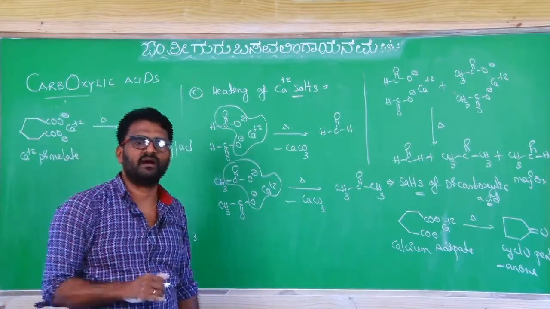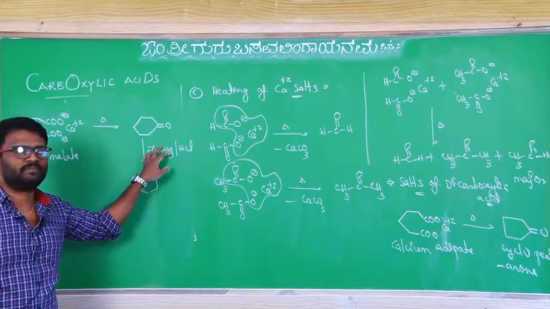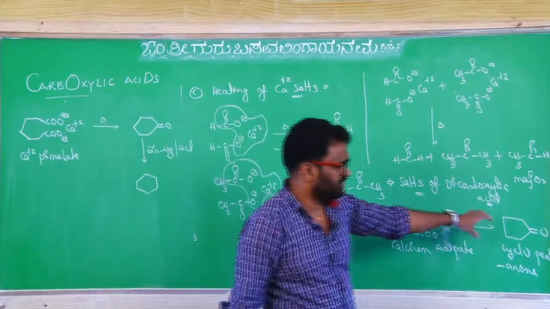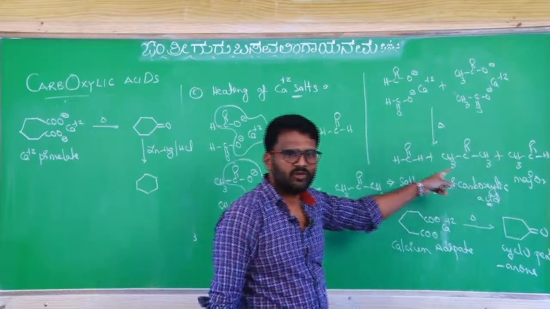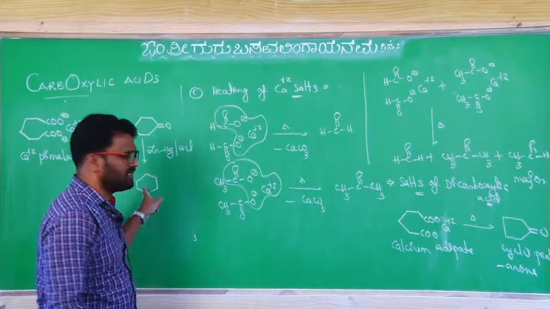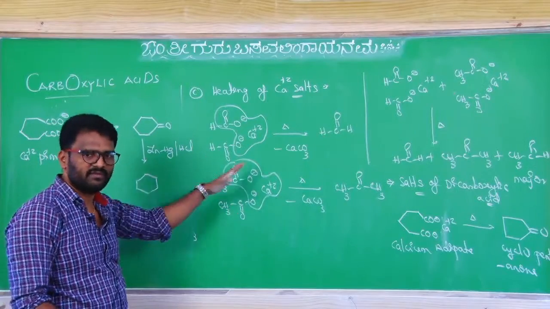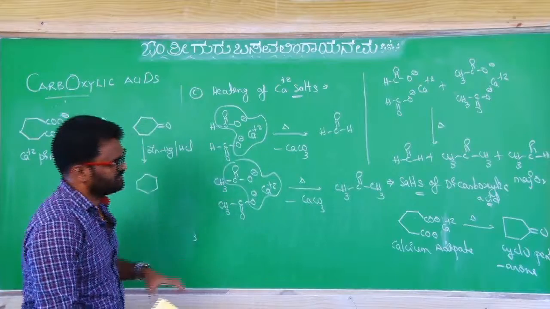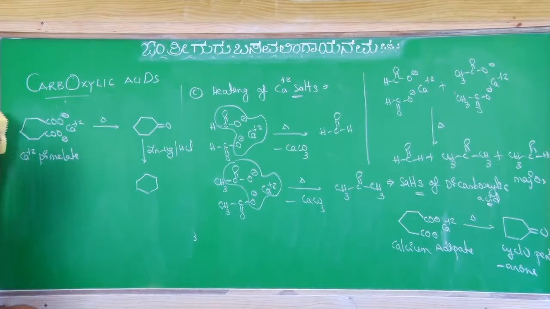So reduction of carbonyl compounds, Clemmensen reduction, Wolff-Kishner reduction, gives alkane. Here you will get cyclohexane and cyclopentane. This preparation is many times asked in JEE. So this is from the calcium salts of dicarboxylic acids. These are heating reactions of dicarboxylic acids.